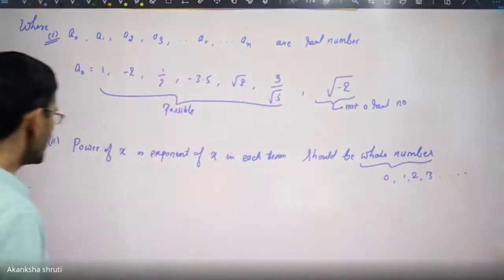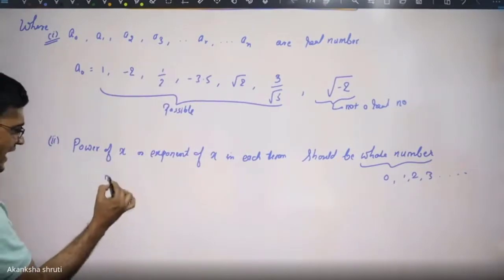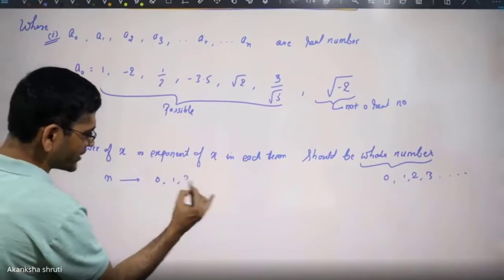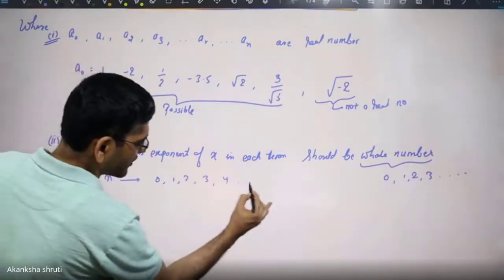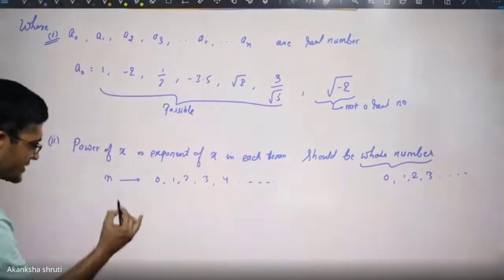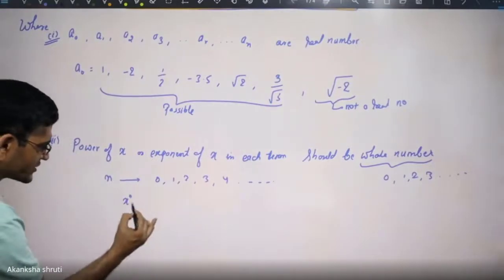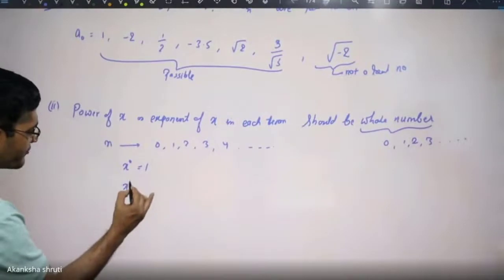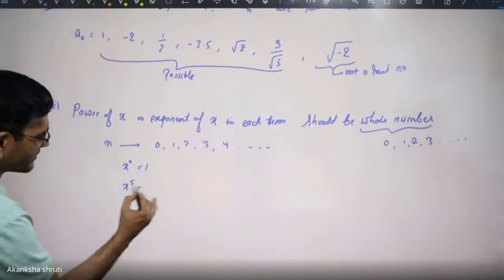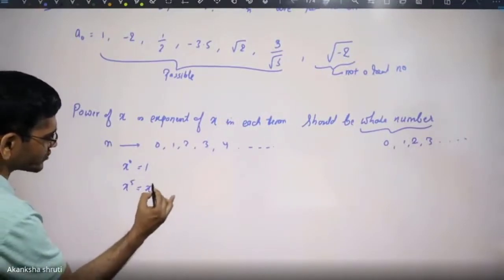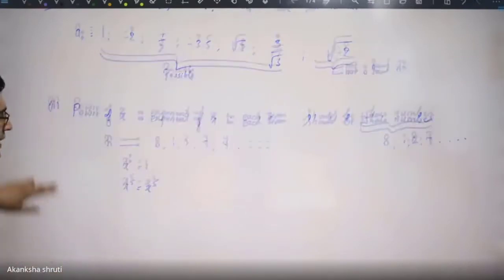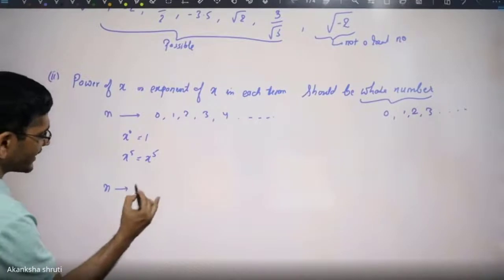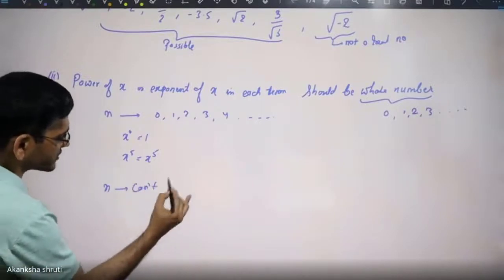Means whatever this n I am taking, n can have the value 0, 1, 2, 3, 4 like this. Means if x to the power 0 is coming, it will represent 1 only. If x to the power 5 is coming, yes, it will be okay, it will remain x to the power 5. But student, this n cannot be what, it is not possible.